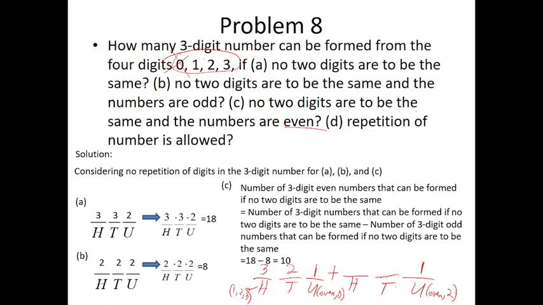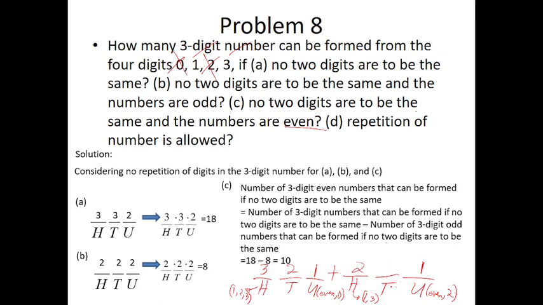Next, we consider the other case, okay, for HTU. The units digit is 2, so that is one option. For the hundreds place, since 2 was selected, we cannot place 2 here anymore. Also, we cannot place 0. That's automatic. We only have 2 options, 1 or 3. So we have 2 options.